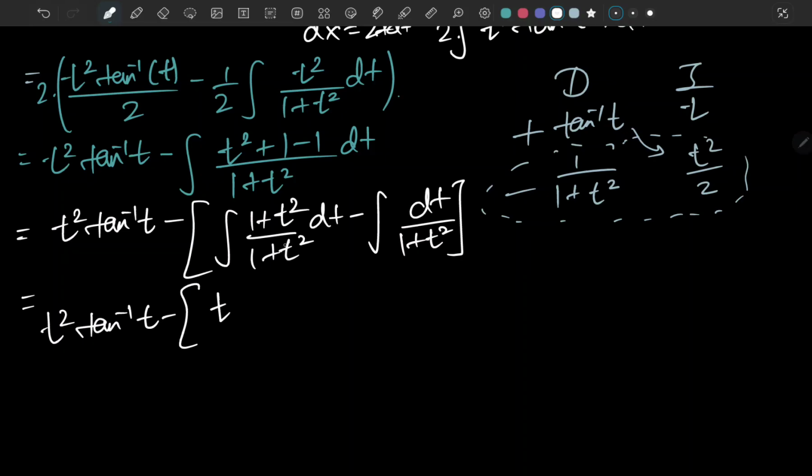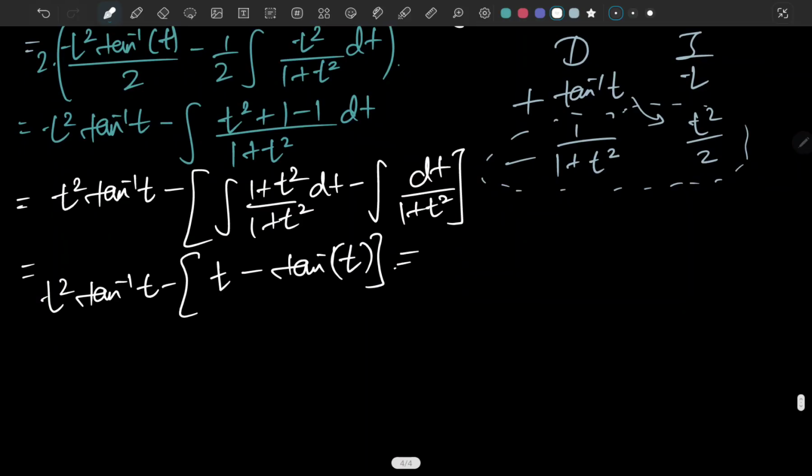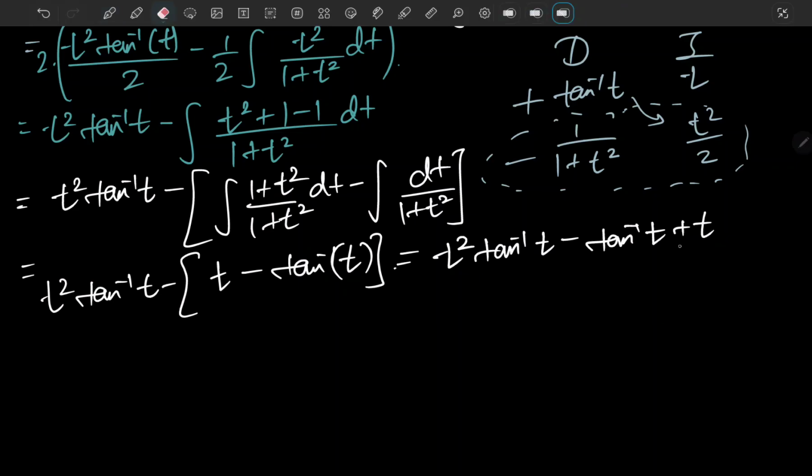Because the integral of dt is just t, and this becomes arc tangent of t. And now we have t squared times arc tangent of t minus arc tangent of t plus t. Oh, I have to change the signs because there is a negative sitting outside. So this becomes positive and then negative, right?